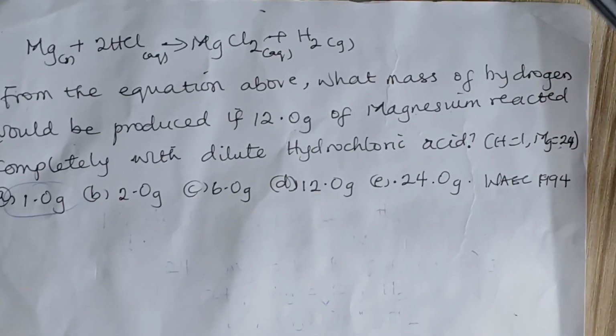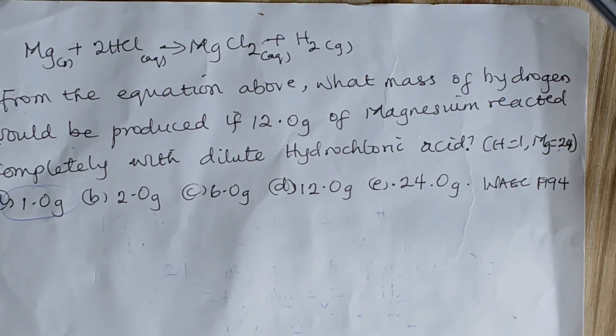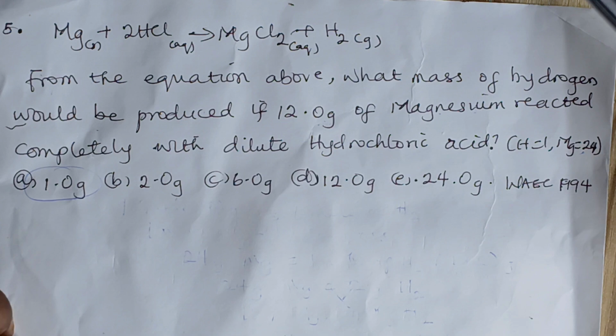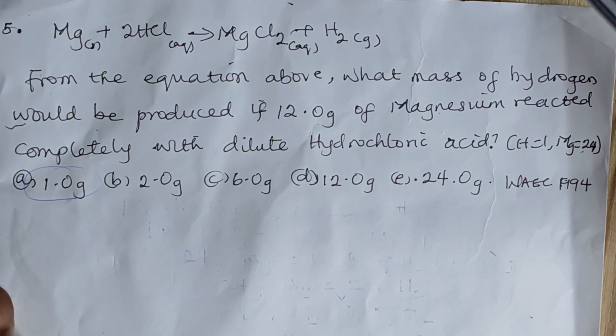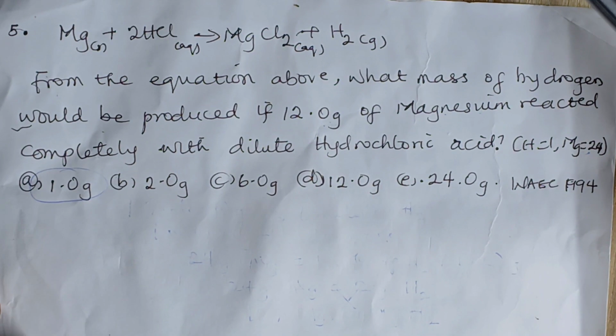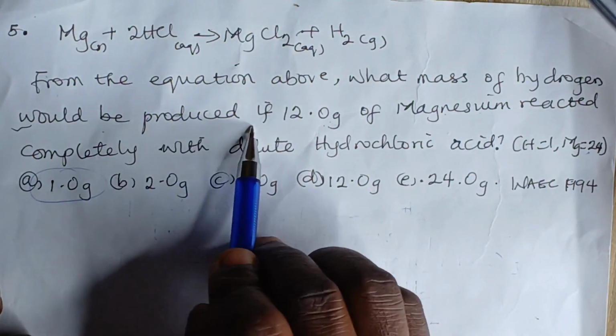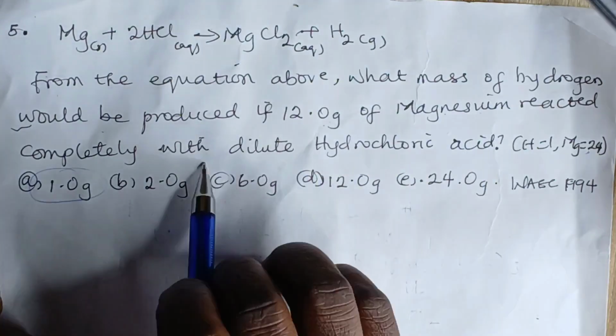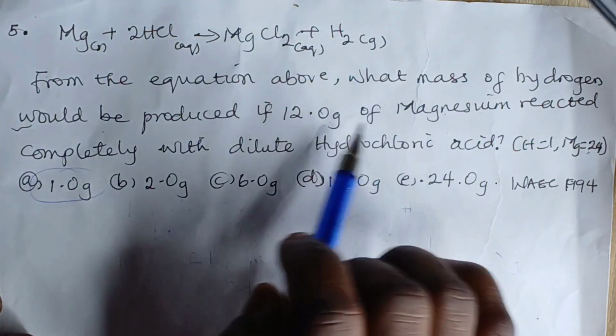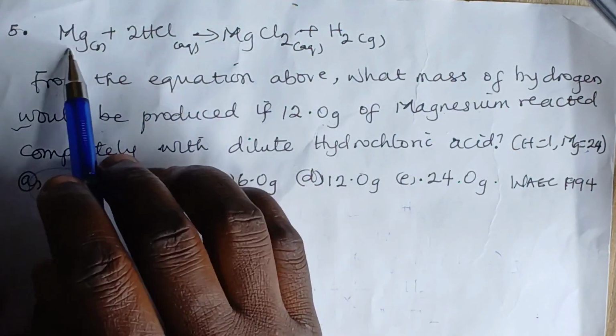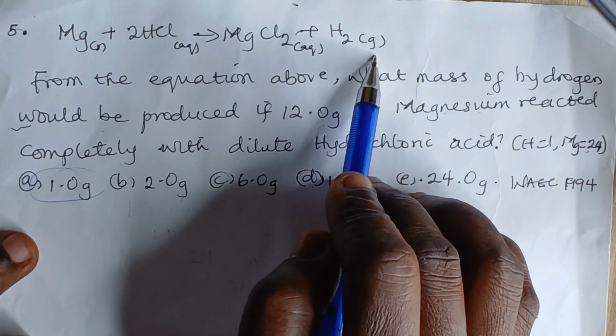So the next question is number 5, which is magnesium. Reaction between magnesium and hydrochloric acid to give us magnesium chloride and hydrogen. From the equation above, what mass of hydrogen would be produced if 12 grams of magnesium reacted completely with hydrochloric acid? Now, I told you that you should get the first line from the equation of reaction.